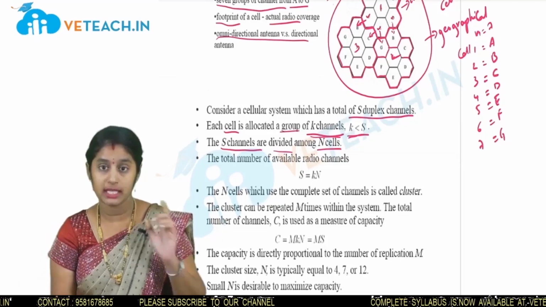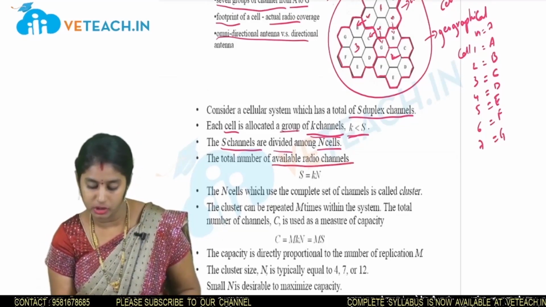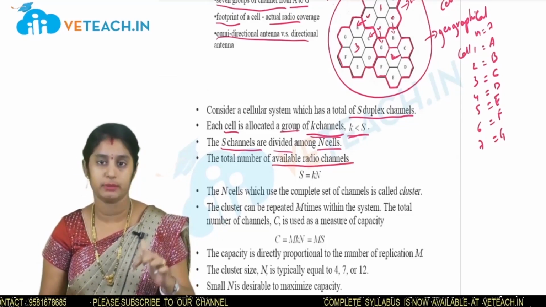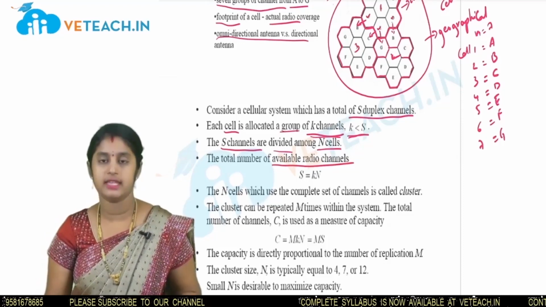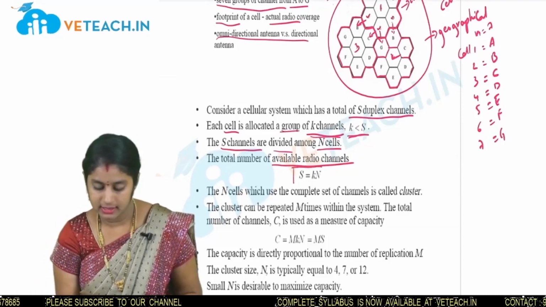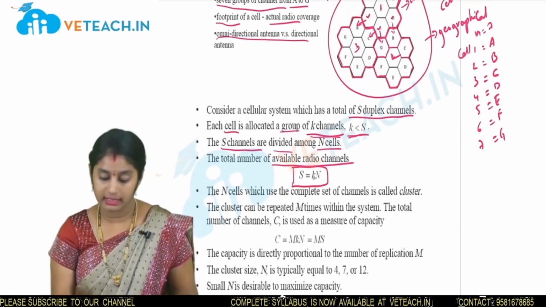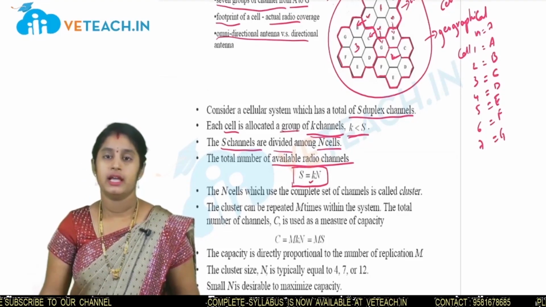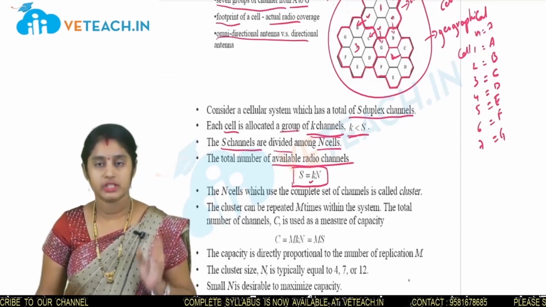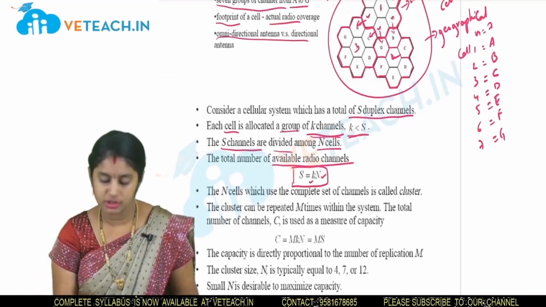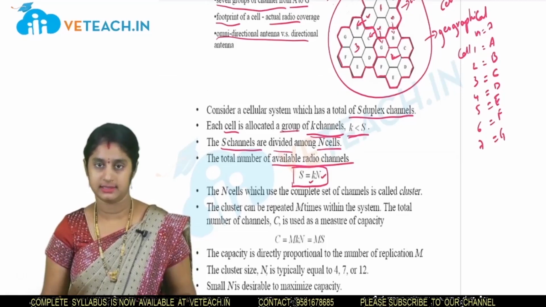Next, the total number of available radio channels to establish communication is given as S equals K times N, where K is the allocated group of channels and N is the number of cells.